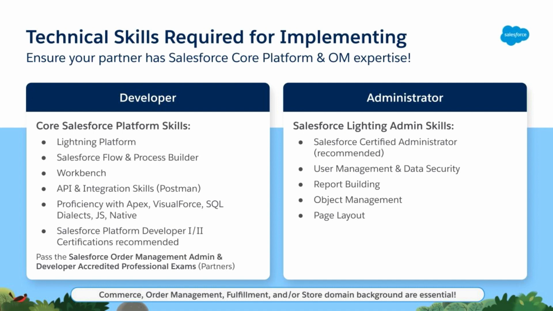Experience using the Workbench tool as well, and API and integration skills, particularly with Postman, as it's the API client that's used with order management. Proficiency with the languages listed here and the Salesforce Platform Developer 1 and 2 certifications are also recommended. Additionally, your partner teams should have gone through the Salesforce Order Management Admin and Developer Accredited Professional Trainings and exams.